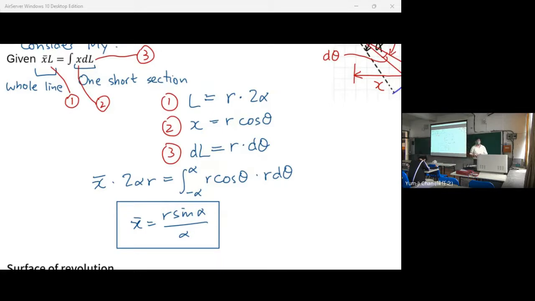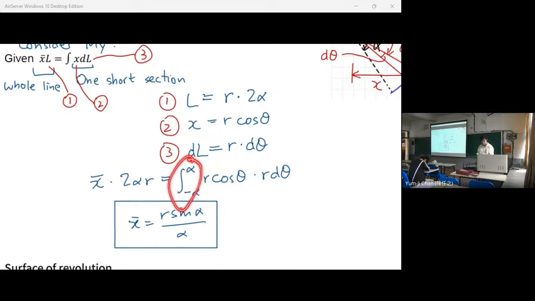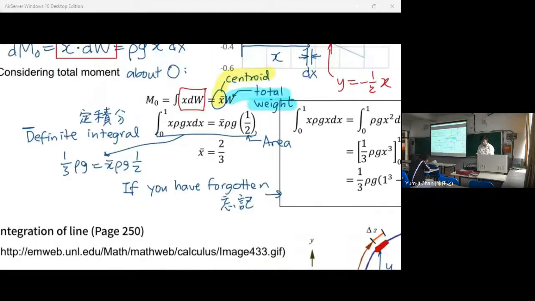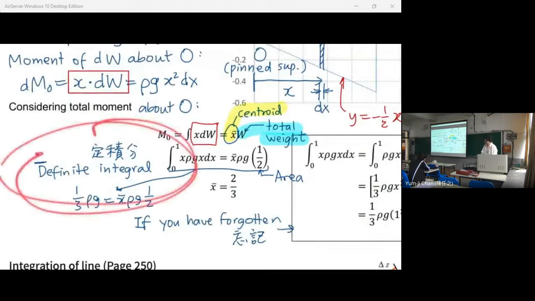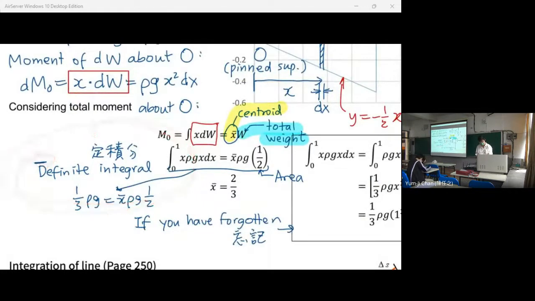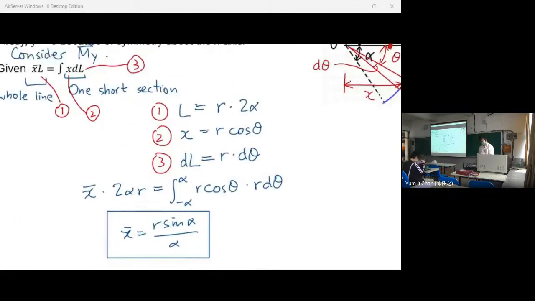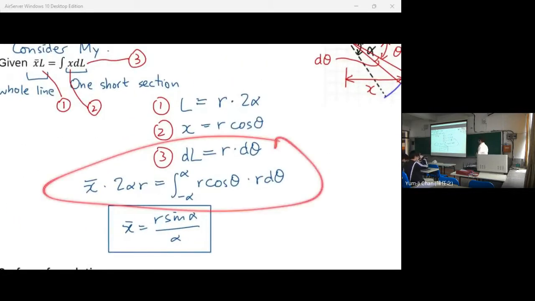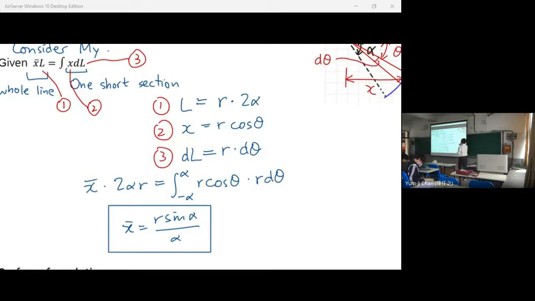Definite integral. Let's have a quick revision. We have this one, with definite integral here. So you know how to do the rest, right?